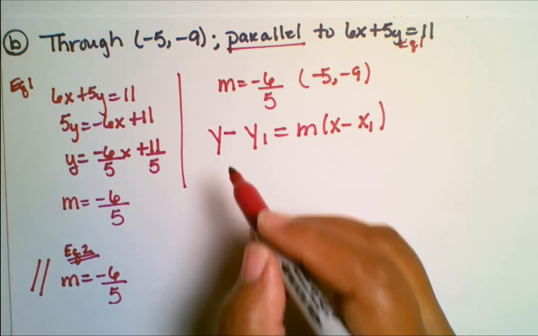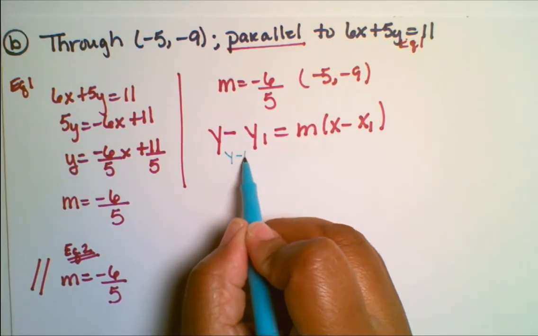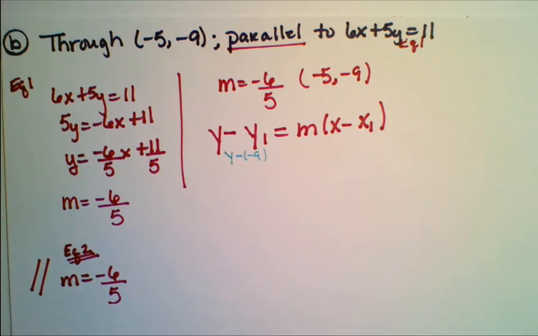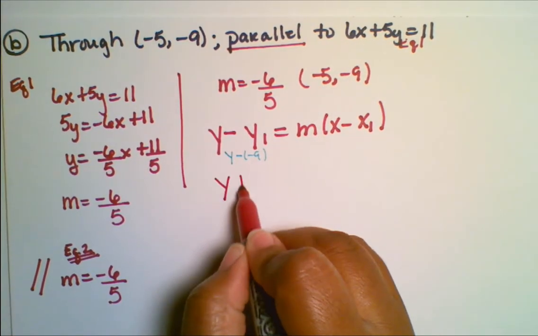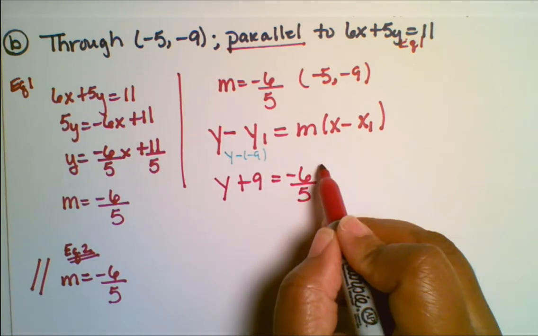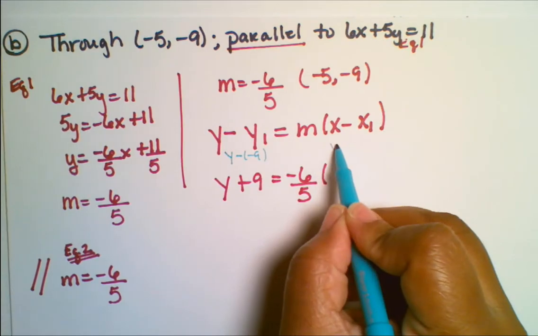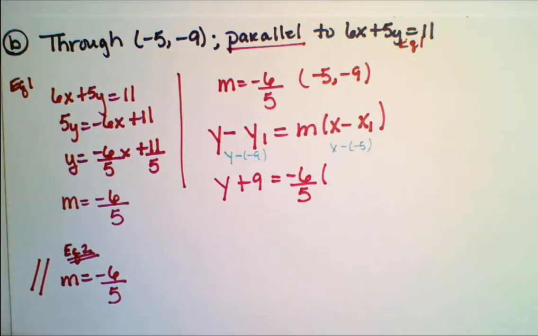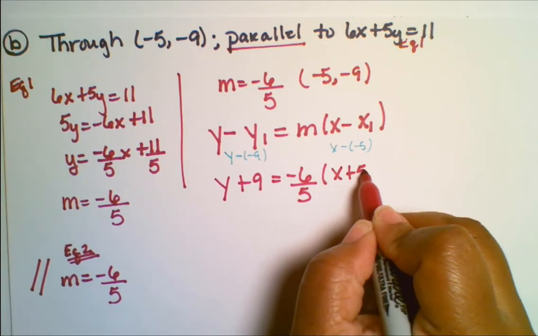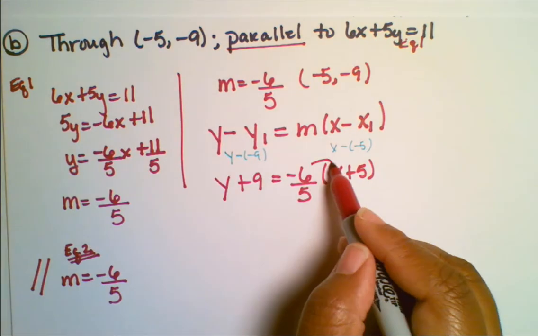So we're saying y minus negative 9, that gives us y + 9 = -6/5 times x minus negative 5, that gives us x + 5. Let's solve. We're going to distribute.